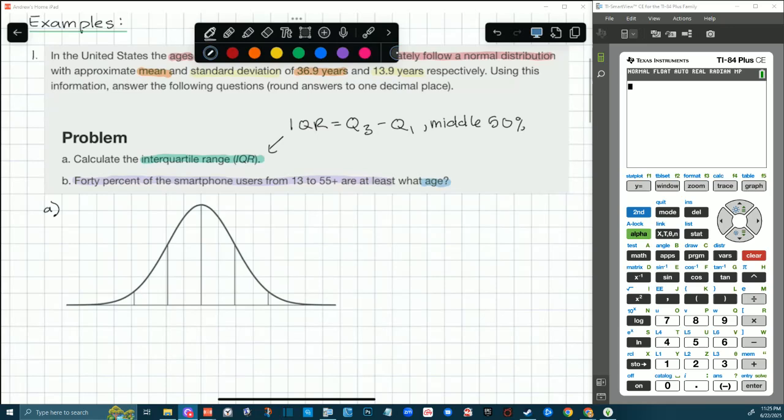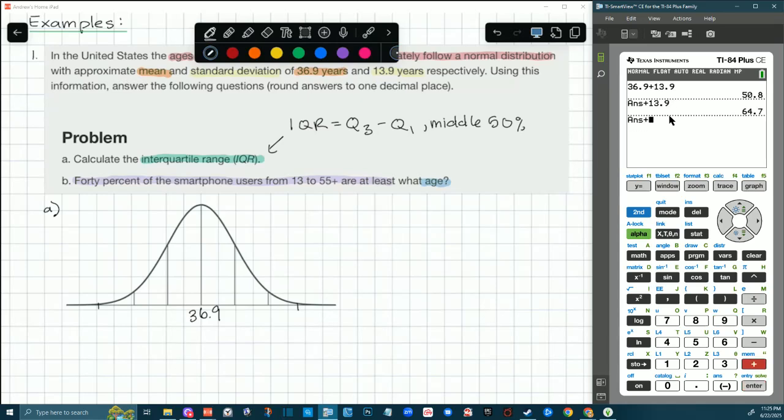We'll label it, and then we'll start solving. So we know that our mean is 36.9 years, and then we're going to go out 3 standard deviations in either direction. So 36.9, and then I'm adding 13.9. So 50.8, 64.7, and 78.6.